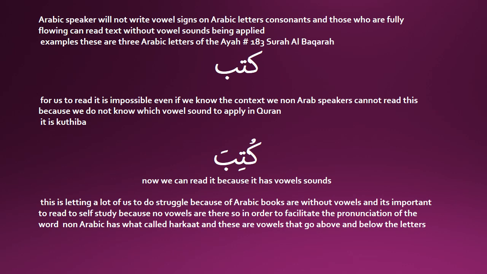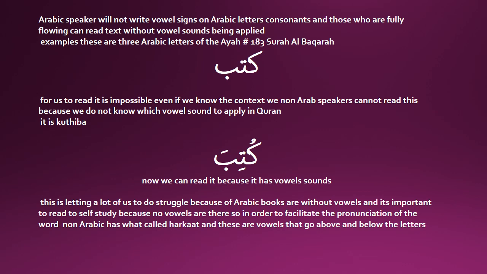Arabic speakers will not write vowel signs on Arabic letters, the consonants, and those who are fully fluent can read text without vowel sounds being applied. Example, these are the three Arabic letters of ayat 183 of Surah Al-Baqarah: Kaf, Tha, Ba. For us to read it is impossible.